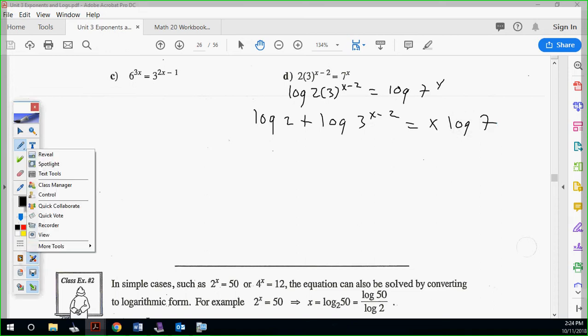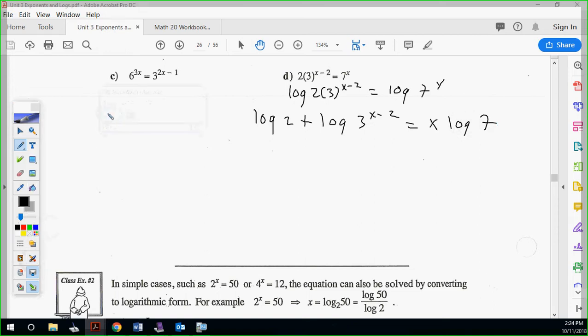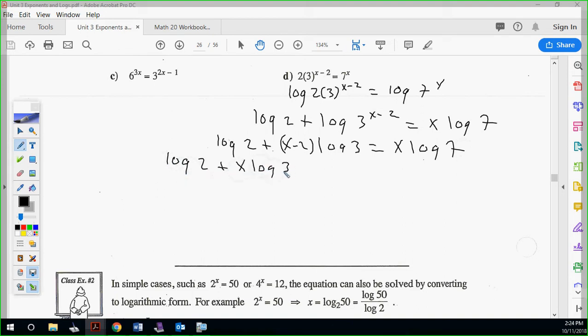Okay. So what we want to do is we can drop the x minus 2 in front of the log 3 now. So it's going to be log 2 plus x minus 2 log 3 equals x log 7. And we want to distribute that. So we have 2 log 3's. So log 2 plus x log 3 minus 2 log 3 equals x log 7.